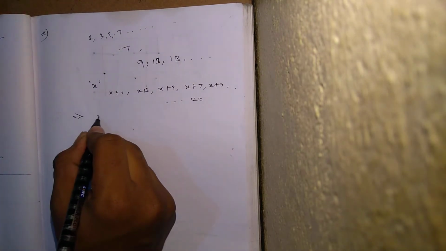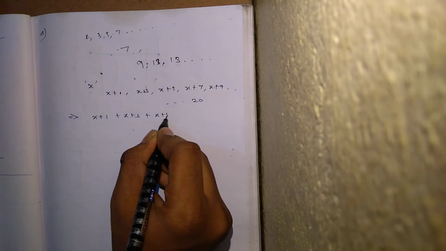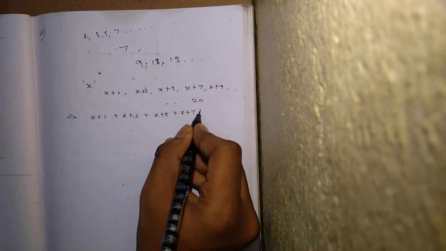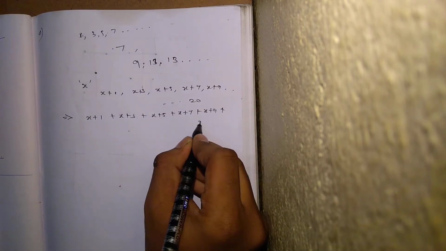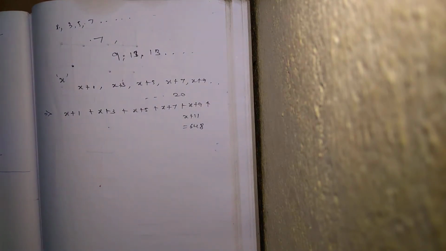Out of these numbers, the sum of the first 6 is 648, right? So the first 6 numbers mean x plus (x plus 2) plus (x plus 4) plus (x plus 6) plus (x plus 8) plus (x plus 10) is equal to 648. This is what he meant by the statement given in the question.